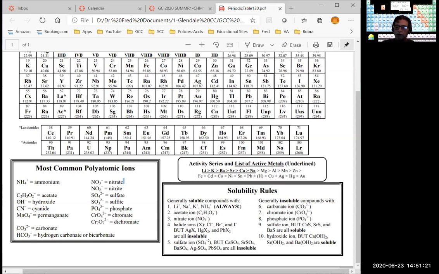So the double displacement reaction is driven by the solubility rules as to whether you get a reaction or not.